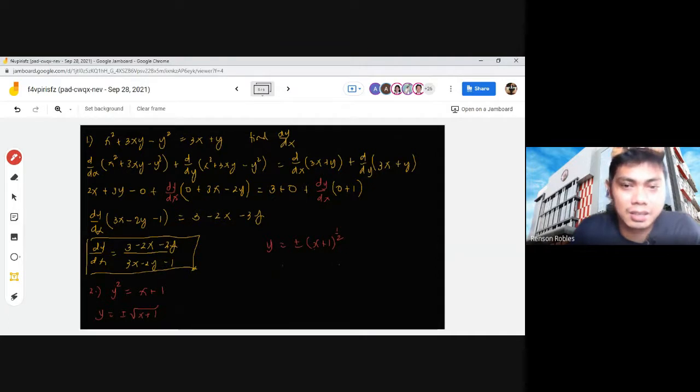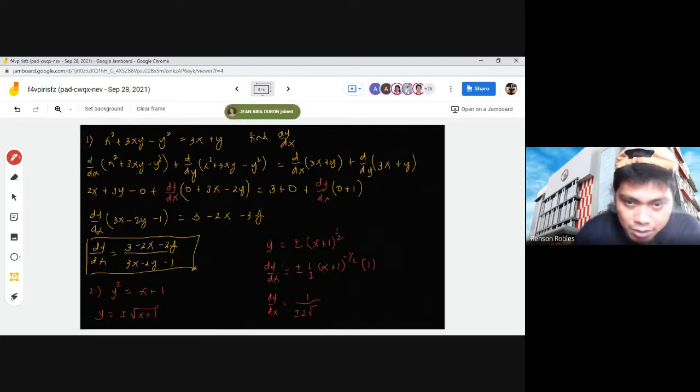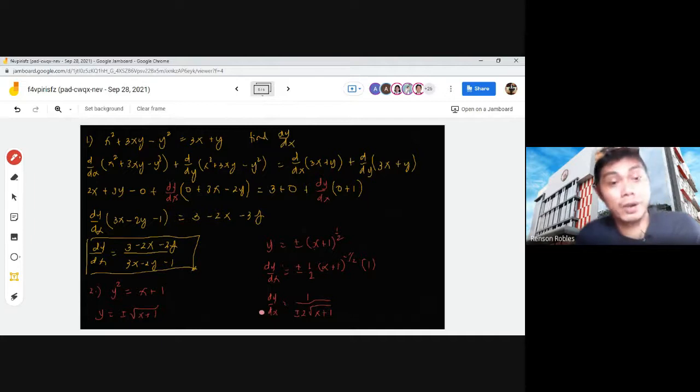And then dy dx equals plus or minus 1/2 x plus 1, you subtract 1, times derivative of x plus 1, which is 1. Then dy dx equals, on the numerator, I have 1. On the denominator, I have plus or minus 2, the square root of x plus 1. Okay? So this is your dy dx or y prime.